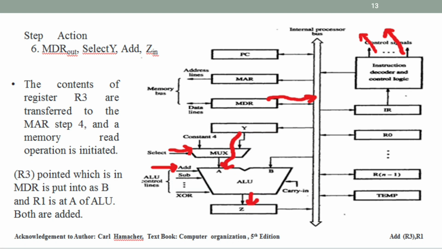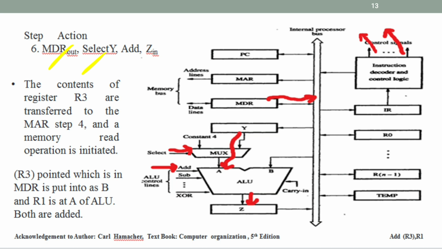Okay. So next, step number 6 of the control sequence. In this, the first control signal is MDR out. Select Y is also given. In the previous step the last signal was WMFC, so the processor was made to wait till memory completes its function. That function means the content of the memory location pointed to by R3 was asked for, in which the first operand was present.